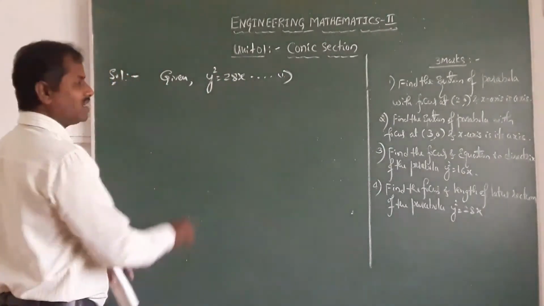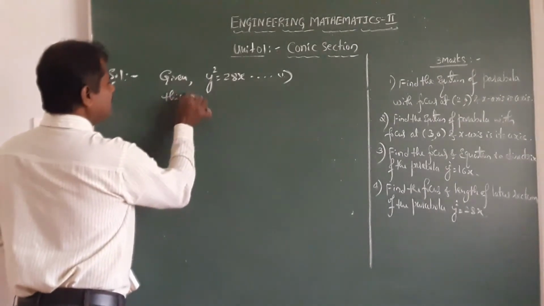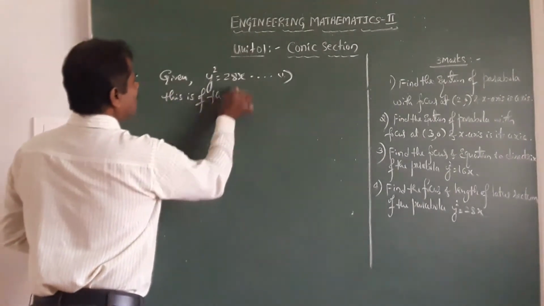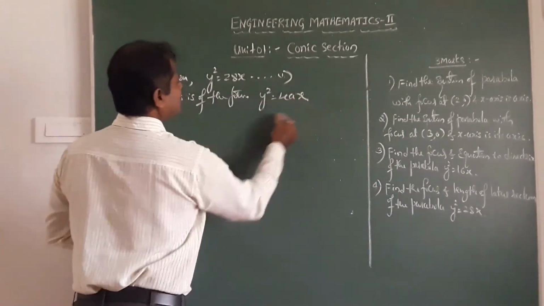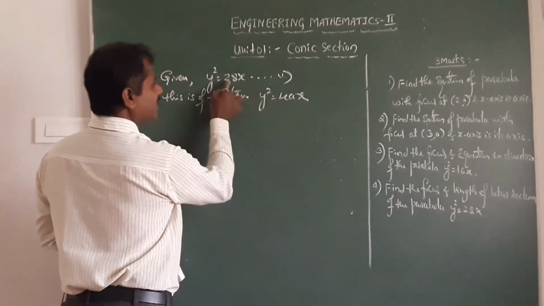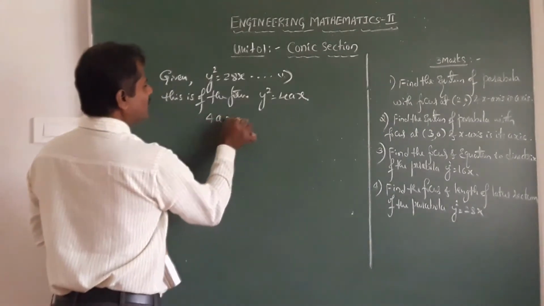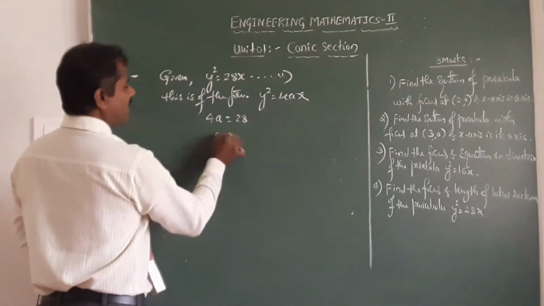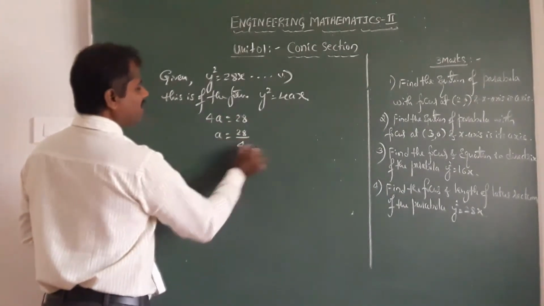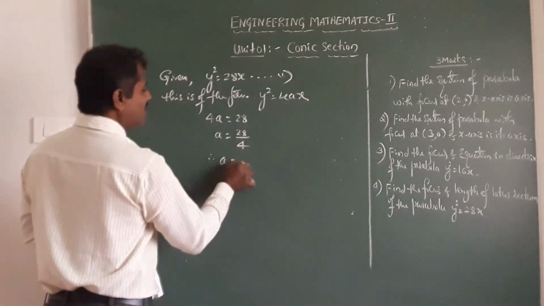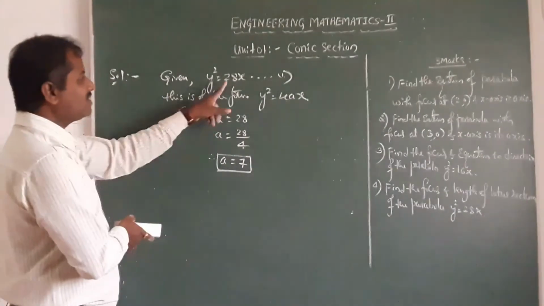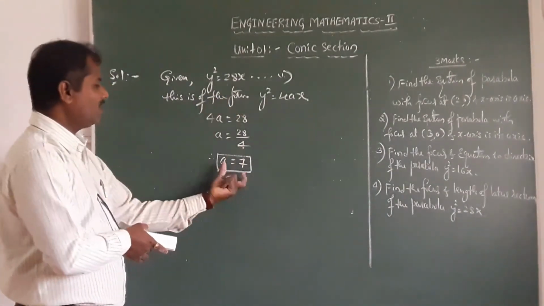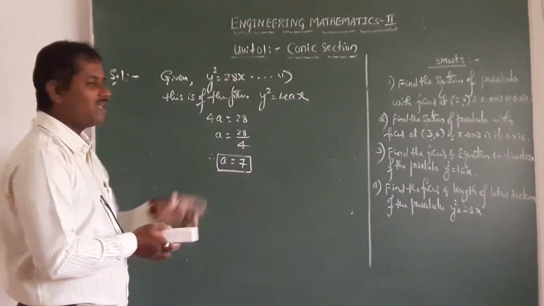Call this equation 1, and again this is of the form y square is equal to 4ax. We can compare the value of 4a to this constant. So 4a is equal to 28, and here a becomes 28 by 4. Therefore, what is the value of a? It is 7.